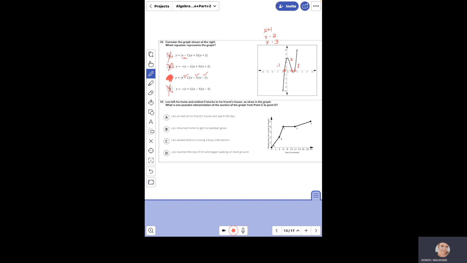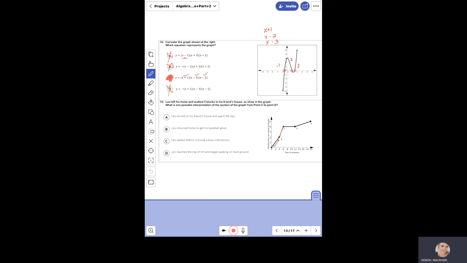Okay, so from A to B, you could tell he was walking. Took 4 minutes to get from 0 blocks to 4 blocks. From B to C, he was walking again because he went from 2 blocks to 4 blocks in another 2 minutes.